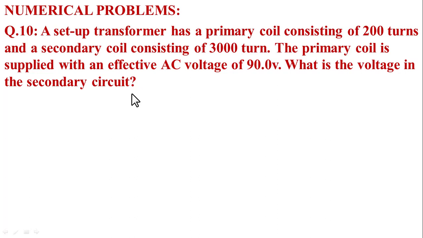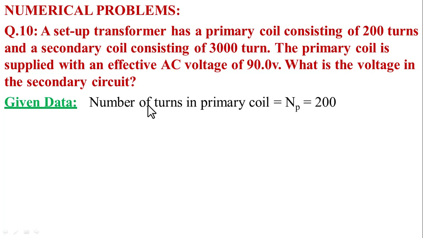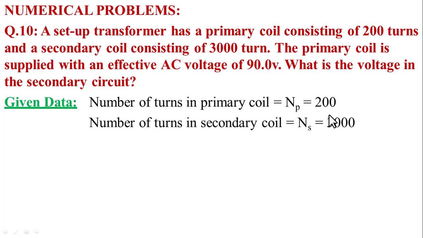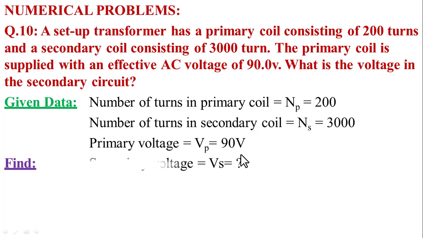So according to the statement, write the given data. Number of turns in primary coil Np is equal to 200 and number of turns in secondary coil Ns is equal to 3000. The primary voltage Vp is equal to 90 volt. We have to find the secondary voltage Vs, which is equal to question mark.